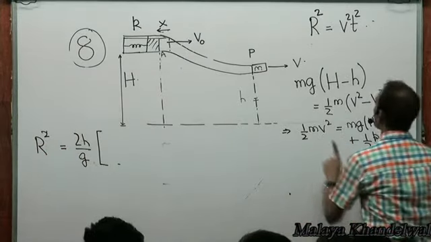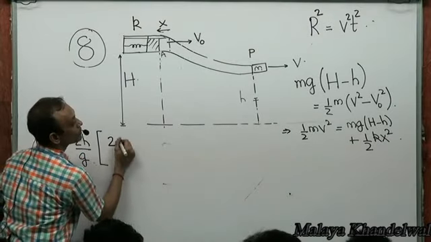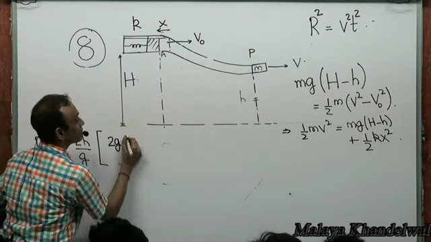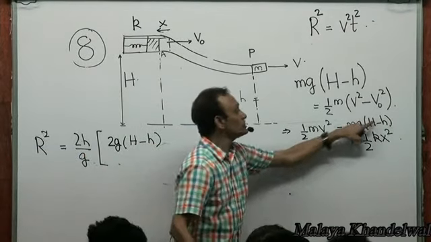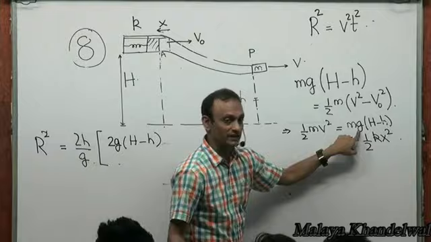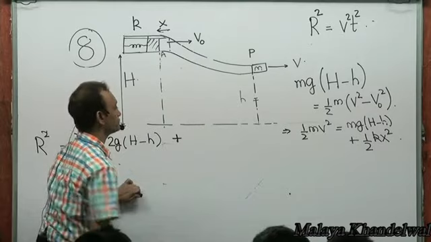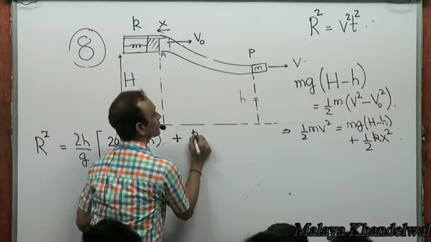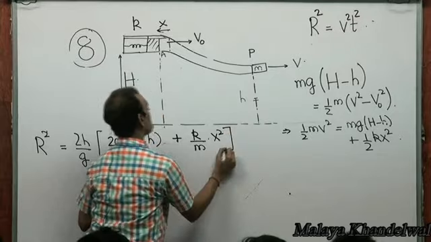V squared, realize, is 2g into H minus small h, plus k by m into x squared. The m and m will get cancelled. Yes or no?